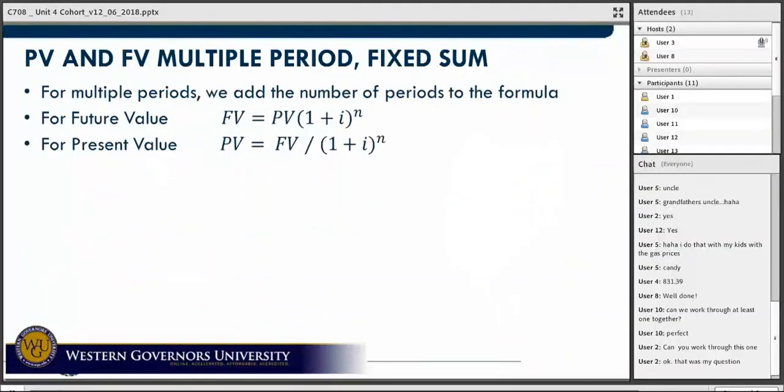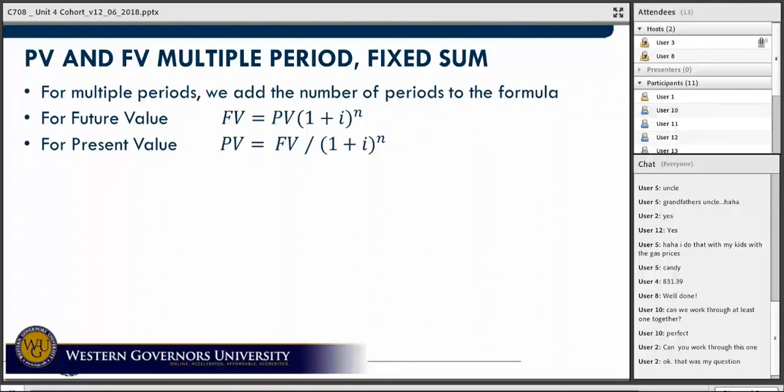So now for multiple periods, we simply modify the formula by saying we take the same future value, the same present value, the same 1 plus the interest rate, but then we raise it to the number of periods. If you remember your order of operations, we do what's inside the parentheses first, then the exponent, then the multiplication.